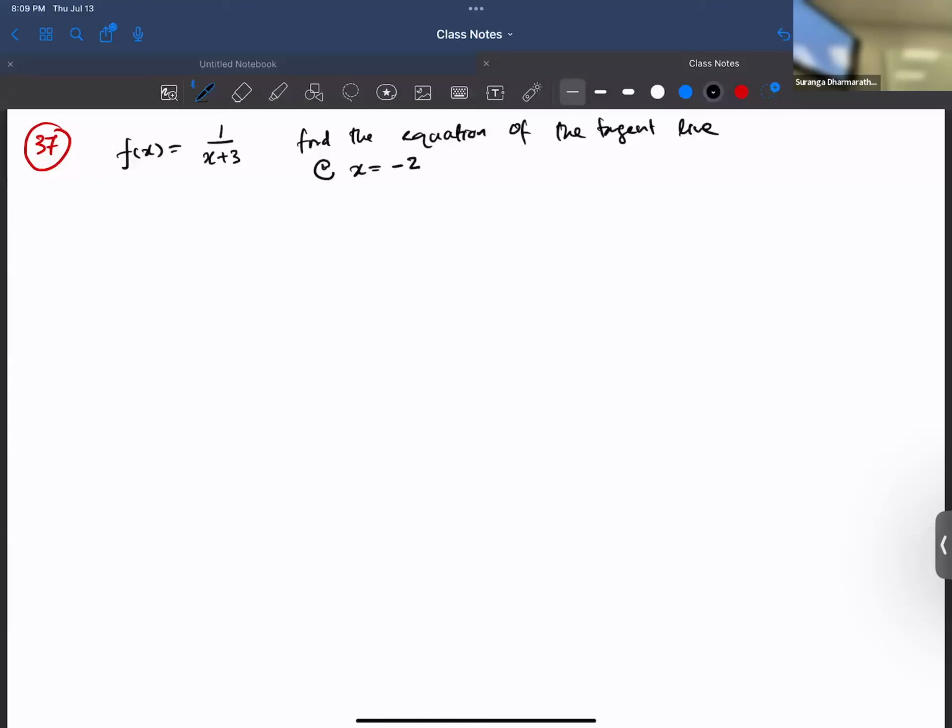So you find the equation of the tangent line at x equal negative 2. So what do you need to know? You need to know f prime of negative 2 and f of negative 2.